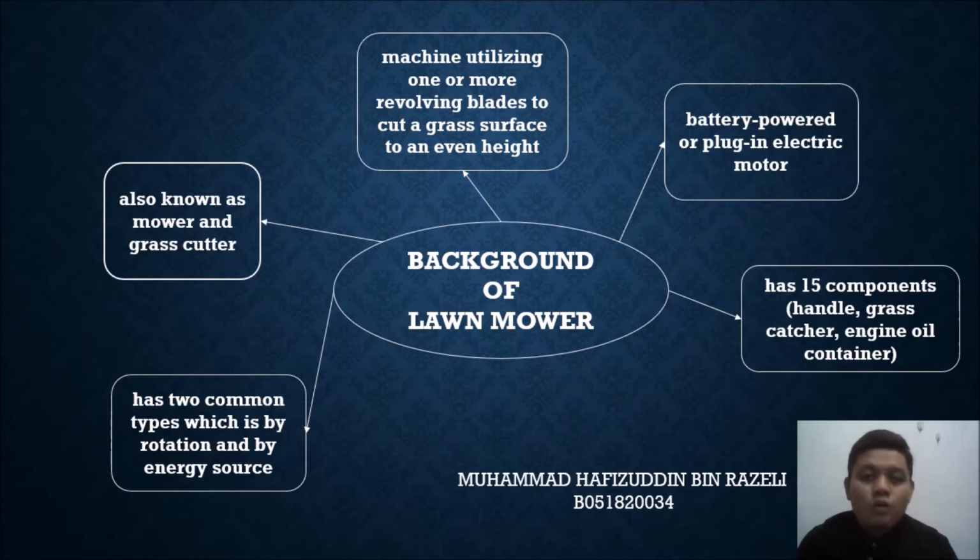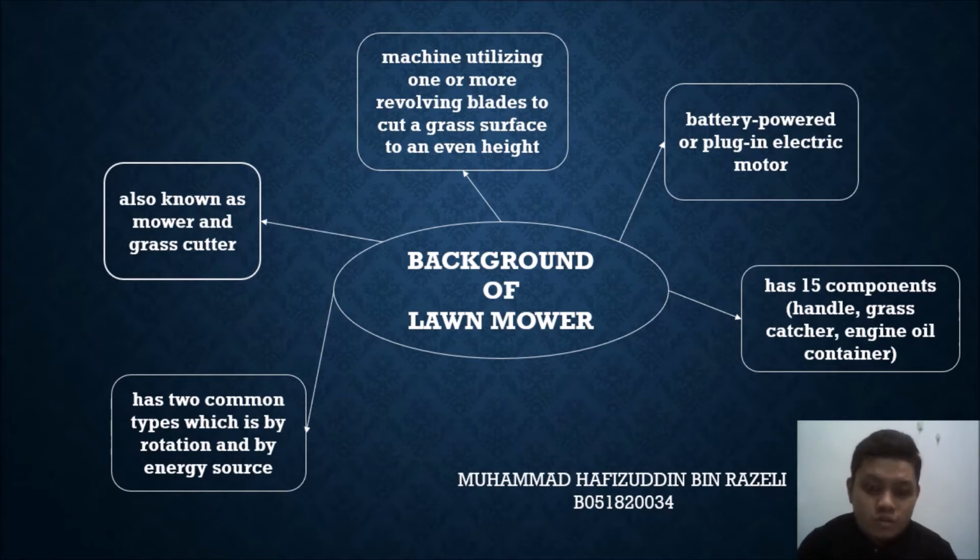So, lawnmower usually uses battery powered or plug-in electric motor. It also has two common types, which is by rotation and by energy source. For rotation, it has two types, which is cylinder or reel mower or rotary mower.